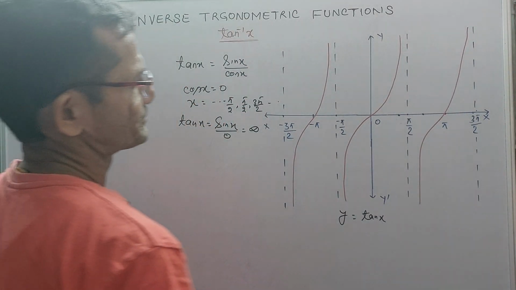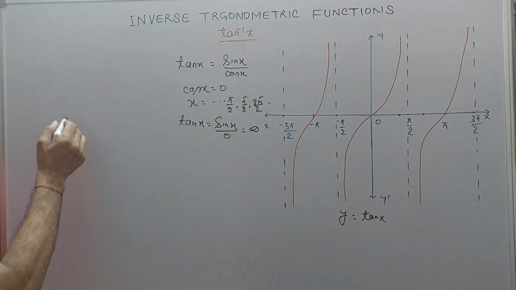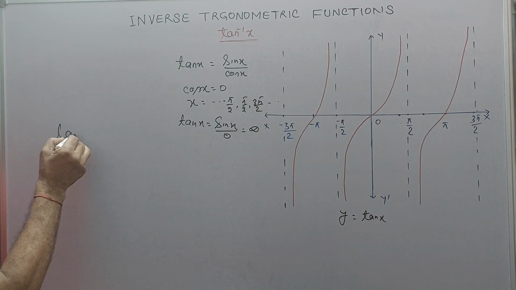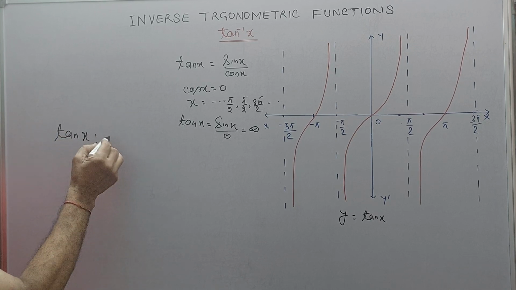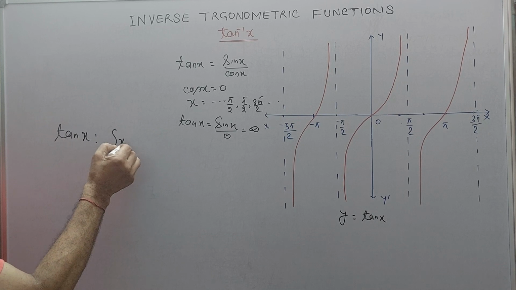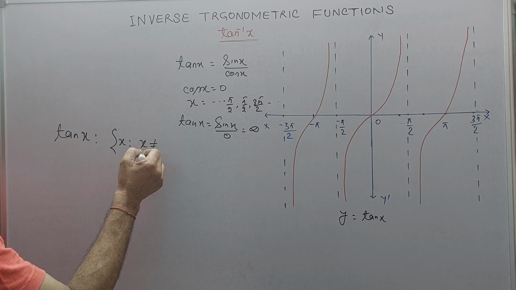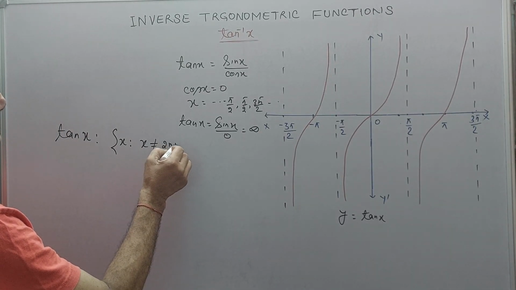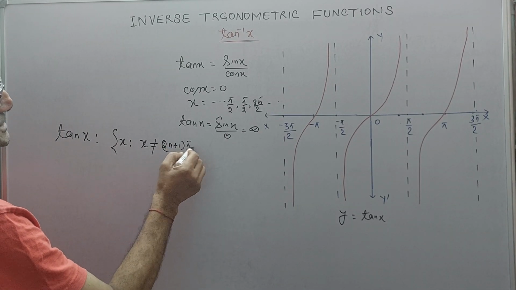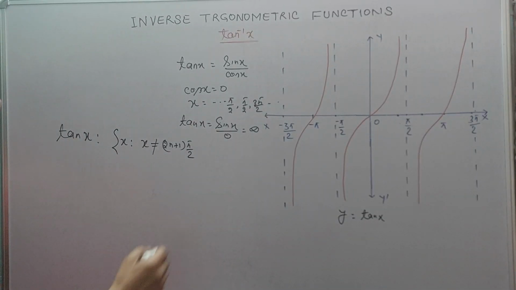So here the domain of tan x will be x such that x cannot be the values which are odd integral multiples of pi by 2.